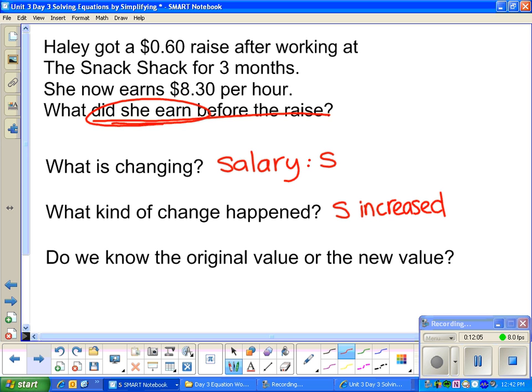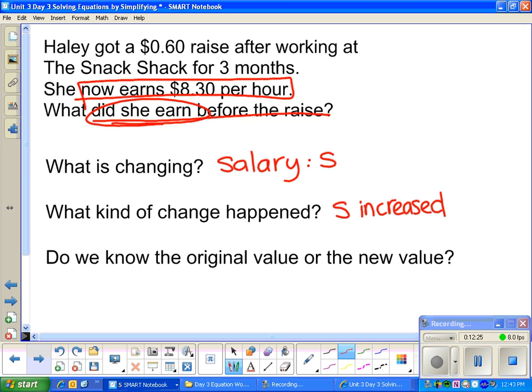S is what she earned before, and that increased. She now earns $8.30. So this is basically my is statement. It's my current state, $8.30. That's basically my equals statement.